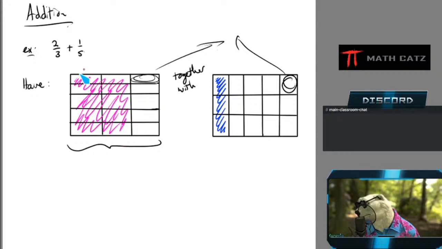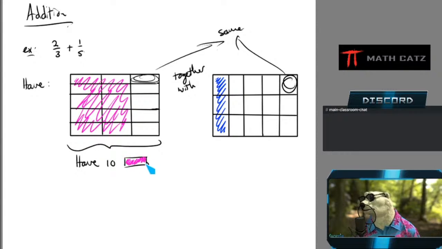Because my standard rectangle is split into 15 pieces, and they're all the same. And this is 15 pieces, all the same. So those two cover the same amount of bread, if you will. So in the left, I have 1, 2, 3, 4, 5. I have 10 of these pink pieces.